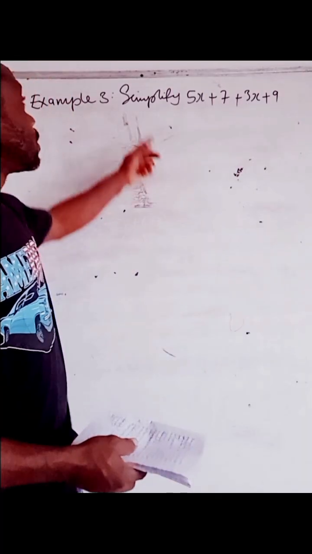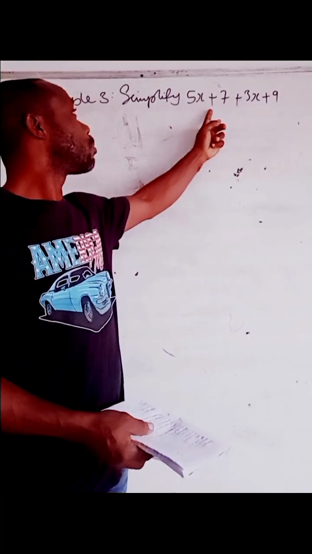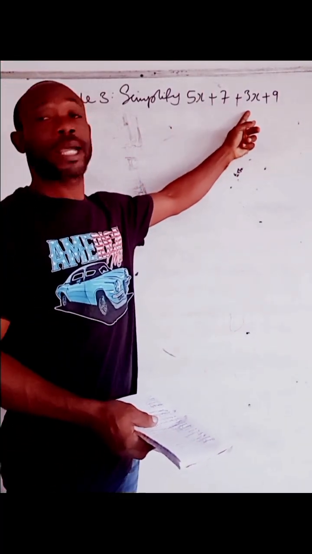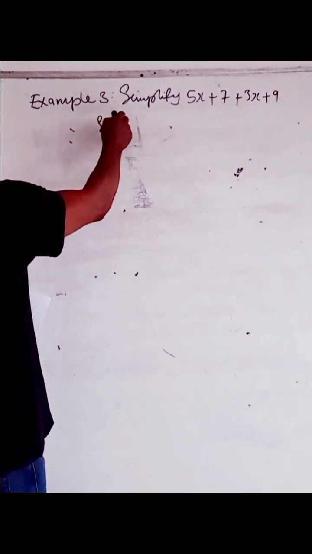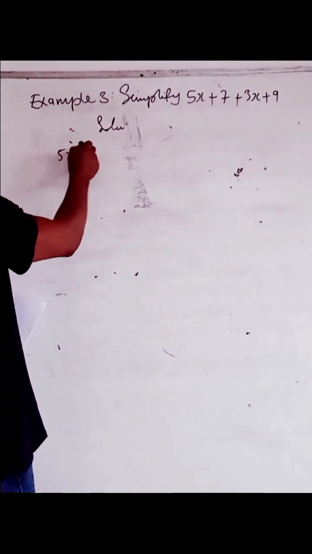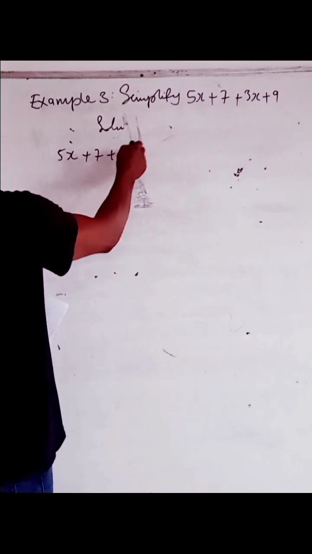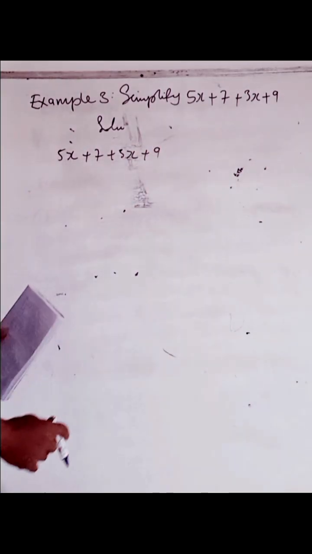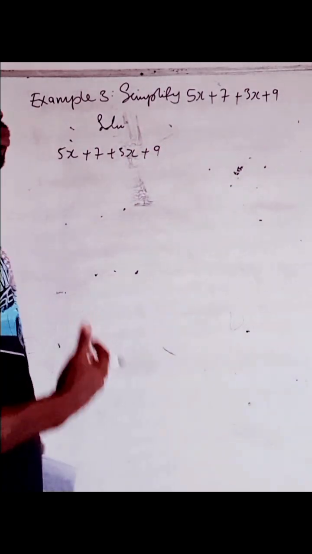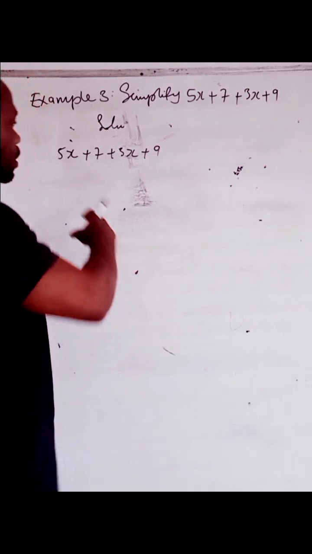Example 3. Simplify 5x plus 7 plus 3x plus 9. So solution, 5x plus 7 plus 3x plus 9. The first thing we need to do is to consider the terms. Alright?